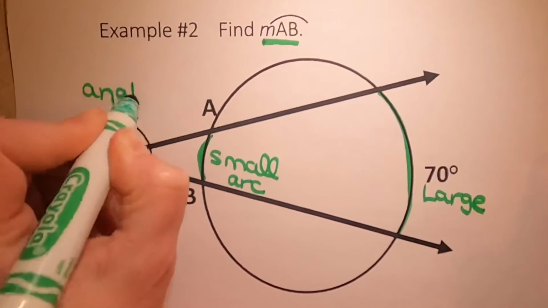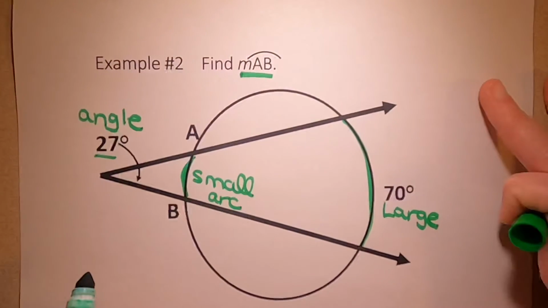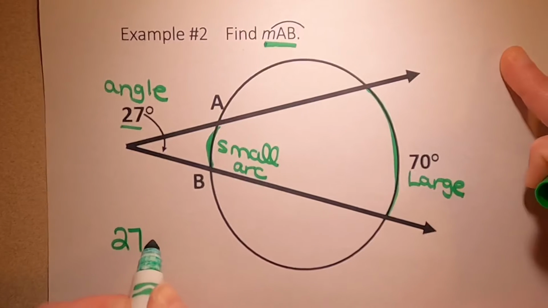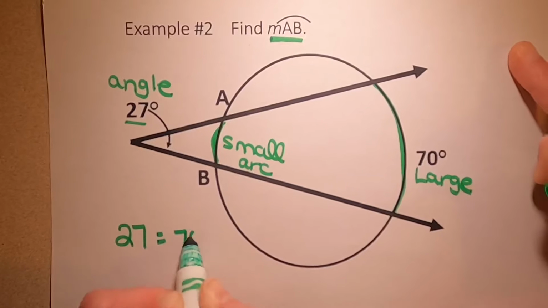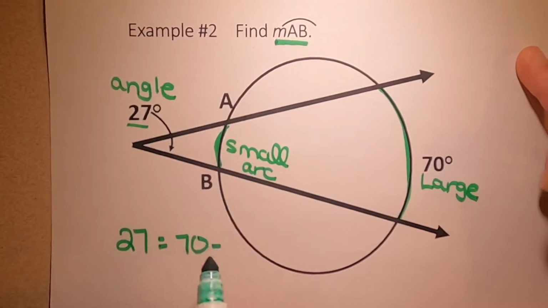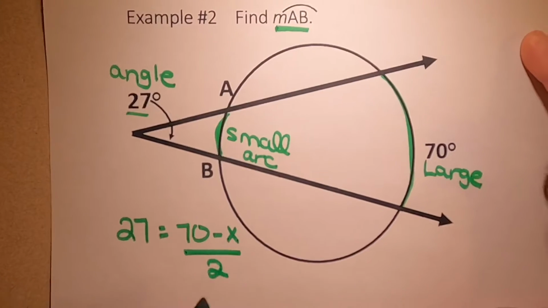It's now our job to plug in what we know into the formula. So it's angle 27 is equal to the large arc, which is 70. For things that we don't know, we're finding missing variables here. We would put an x all over 2.